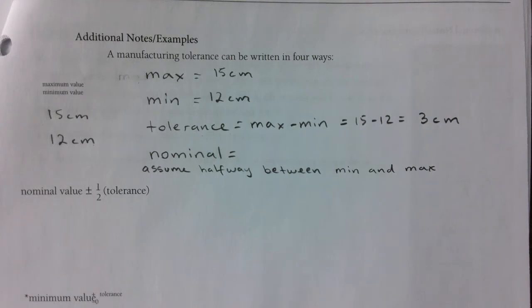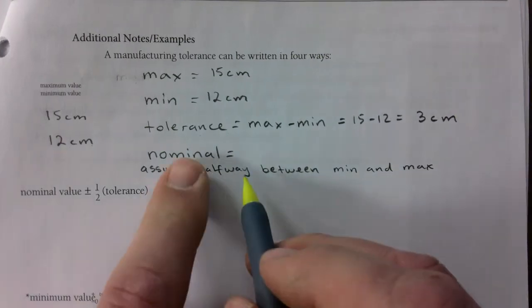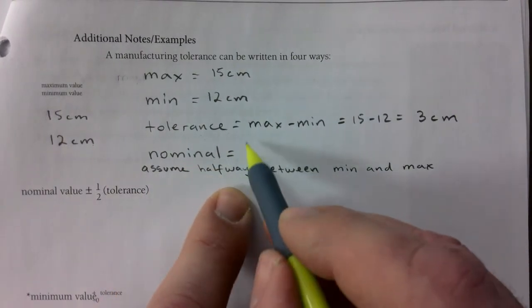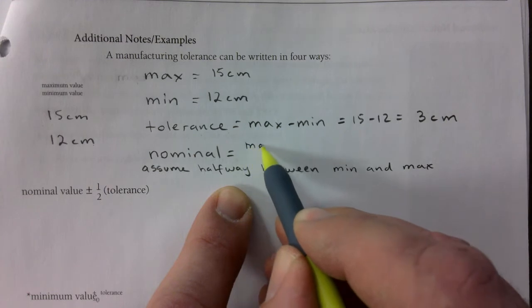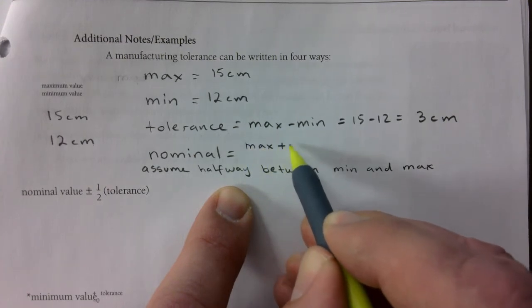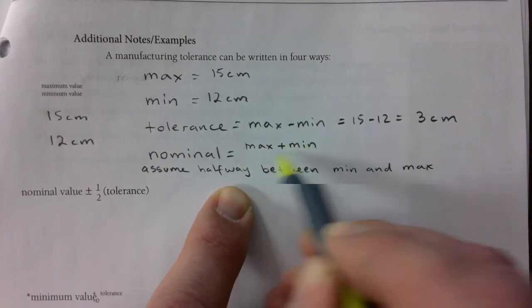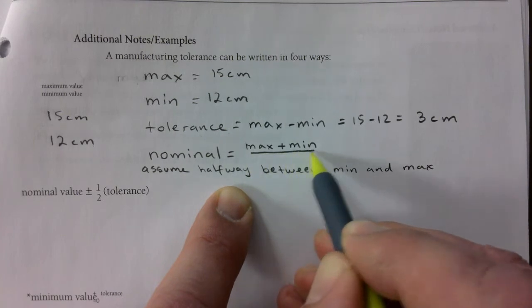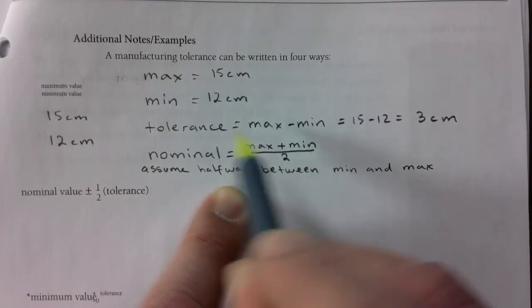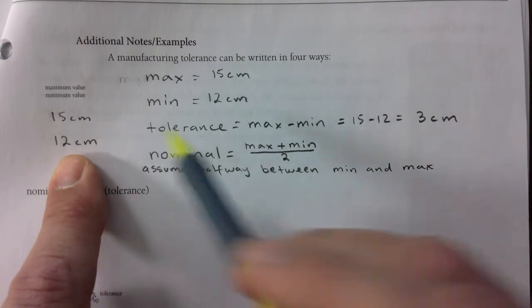In this case, we don't care about the nominal. Okay? So we're going to say that the nominal, watch this, is the max plus the min divided by 2. We're finding the average between these two.